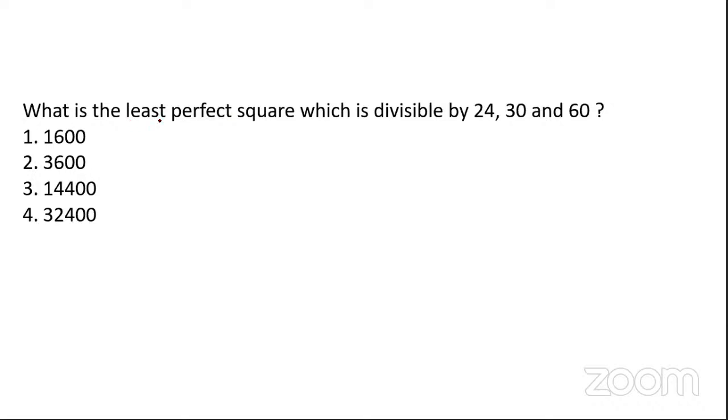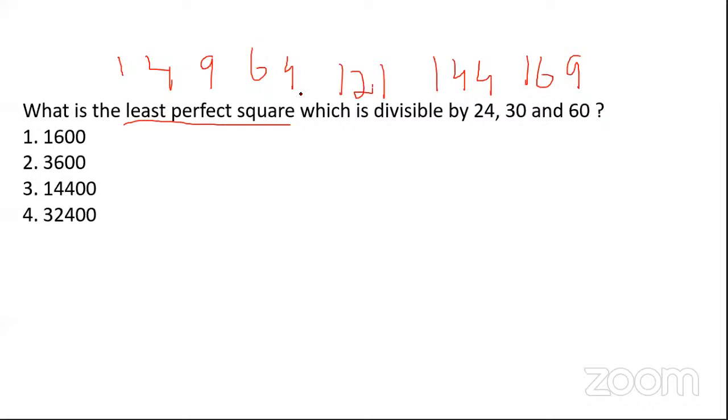So you have to make this point. Least perfect square. Perfect square means, for example, 1, 4, 9, 64, 121, 144, 169. These are all perfect squares. Okay. Least perfect square that is divisible by 24, 30, and 60.